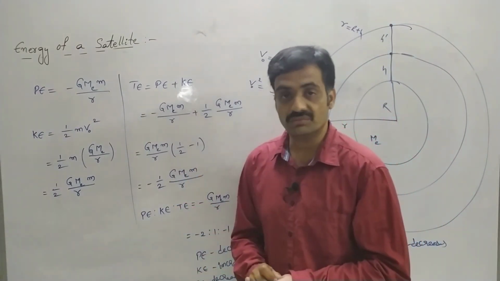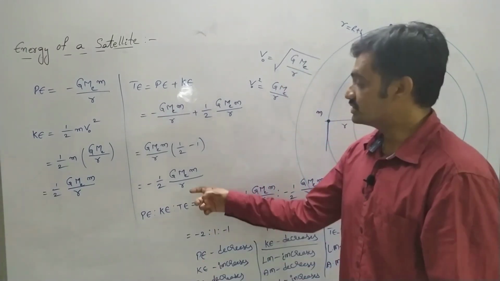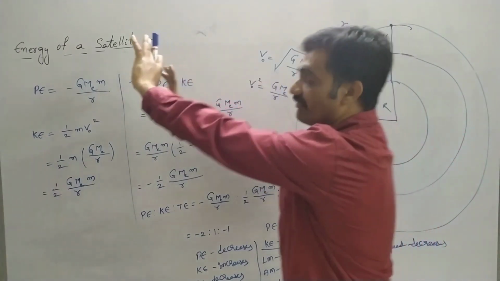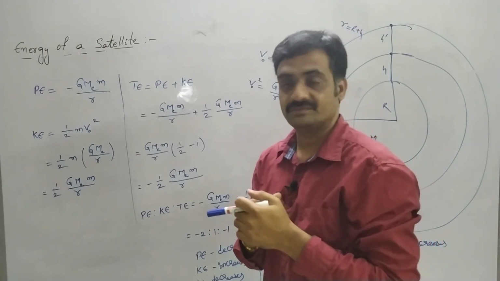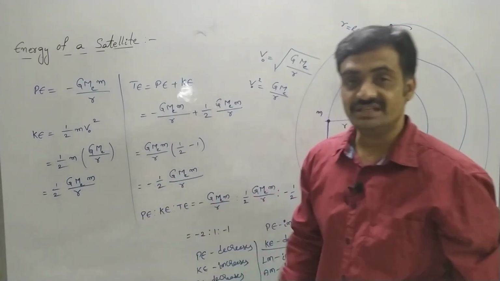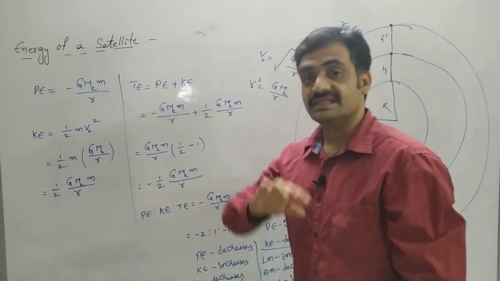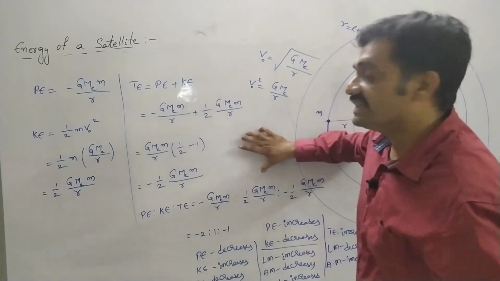If we give a positive amount of energy to the satellite, its total energy becomes 0. Then the satellite moves away from the earth surface and does not return back. So take a screenshot.